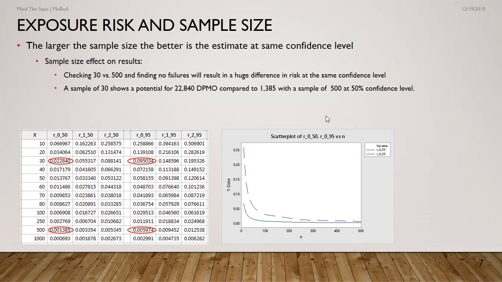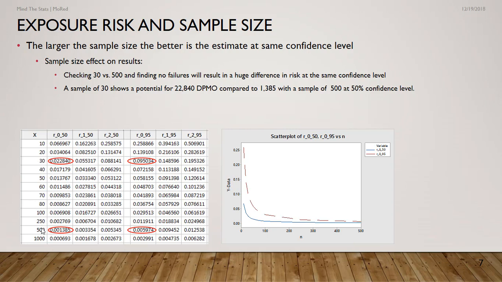Here we look at the effect of sample size. You may have heard this in the past: when dealing with attribute data, the higher the sample size, the better. To illustrate this, I went ahead and calculated the risk for 2 confidence levels for various sample sizes, rejects, and event rates. This is the table. This is for the 50% and this is for 95%. And here on this slide, we're going to compare the effect of sample size.